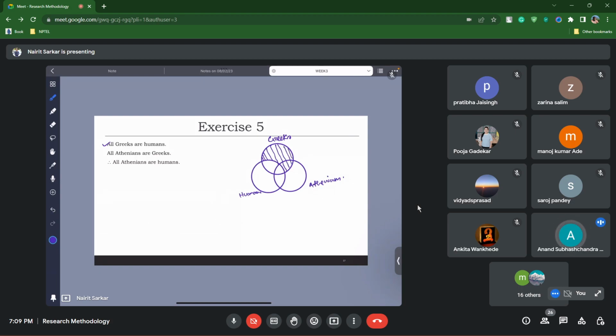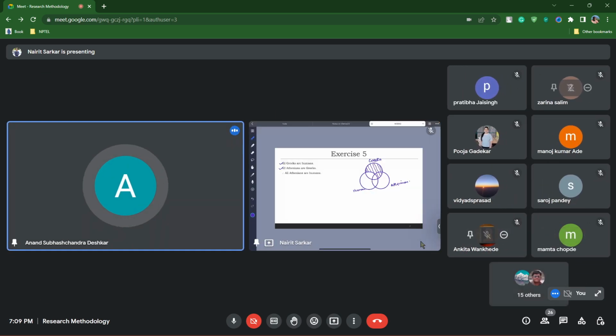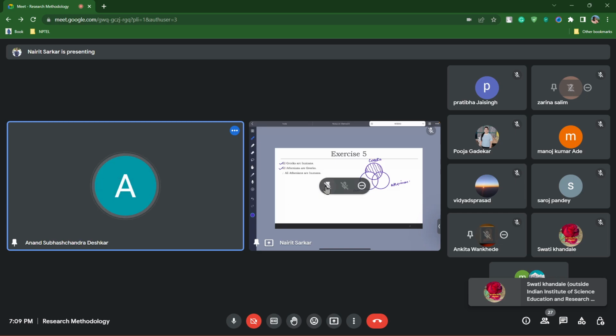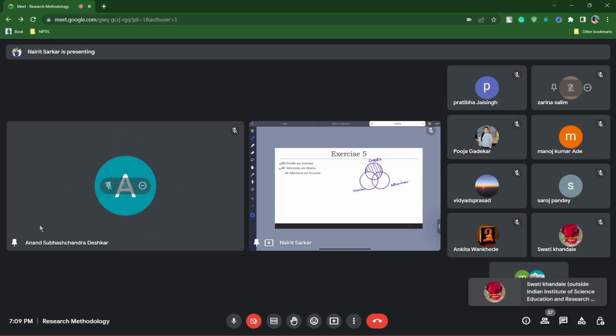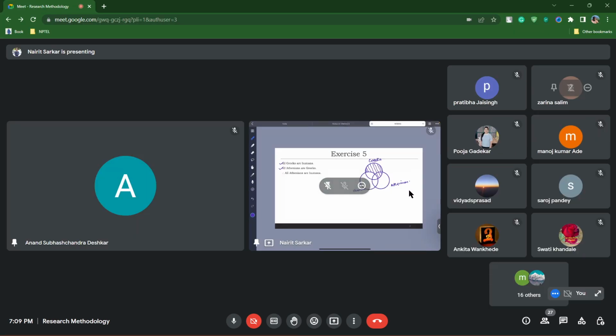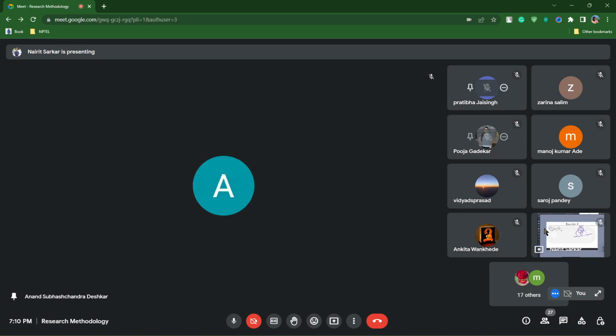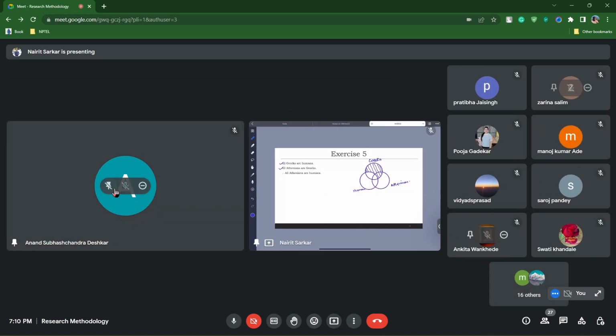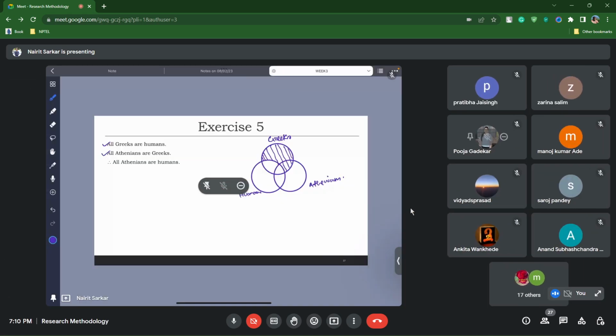Then the second one is all Athenians are Greeks. Athenians and Greeks.